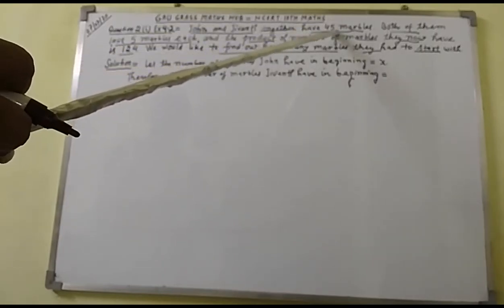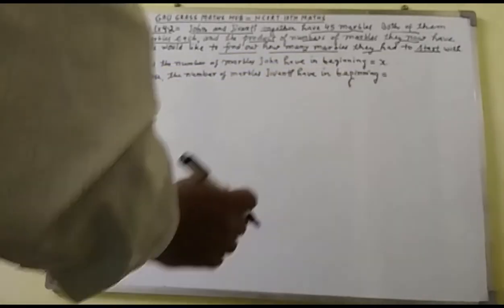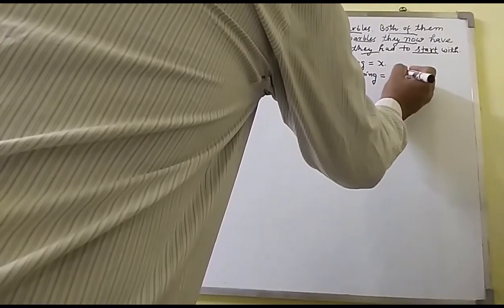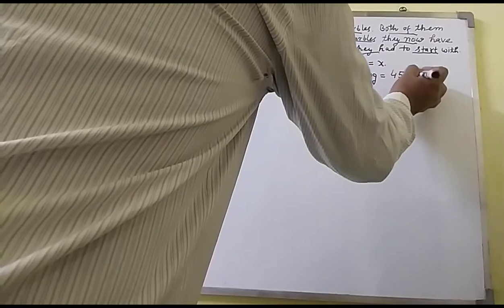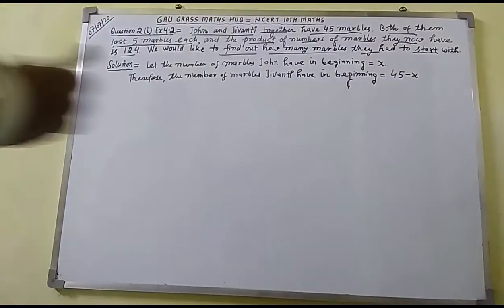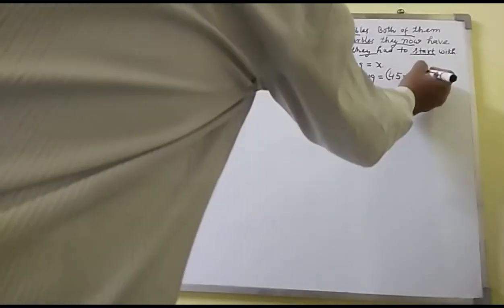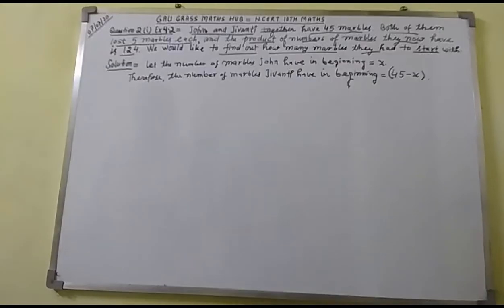This means Jivanti plus John will have 45 marbles. Here I have the number of marbles John has equal to x. So the number of marbles Jivanti had in the beginning equals 45 minus x. This you can put in brackets.